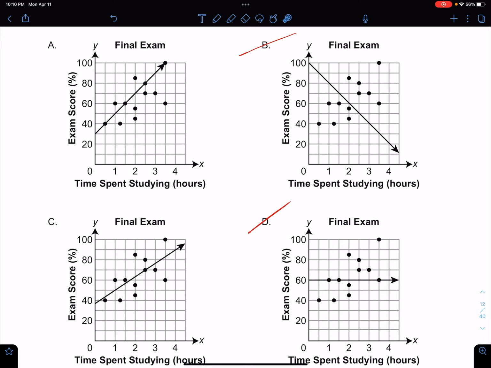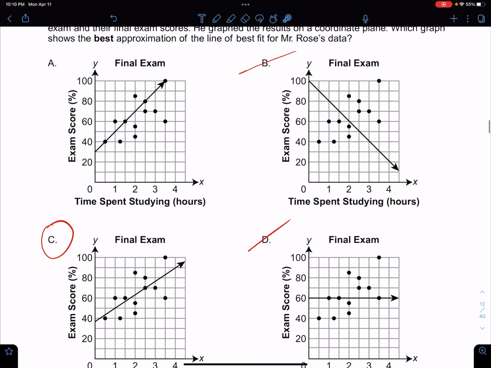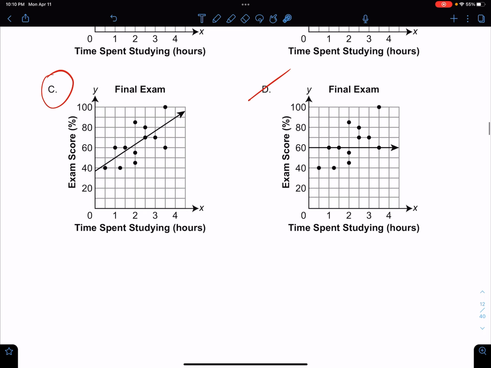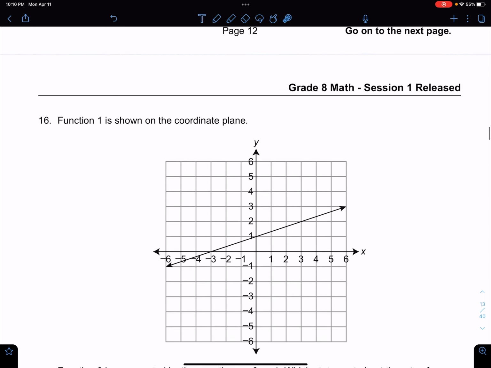So I have two options, A or C. I ask myself, which of these dots are closer to their line? My answer on this one is going to be C, because my dots are generally a little bit closer than they are on A. So my answer is C, because my dots are approximately closer to my line.